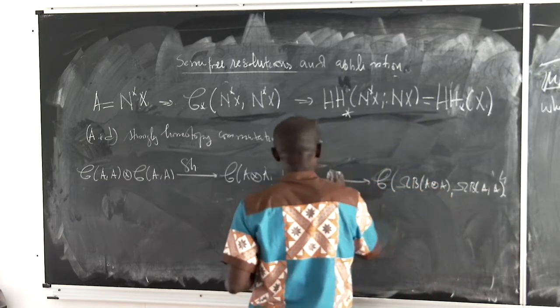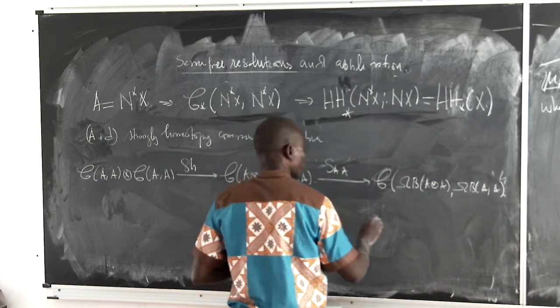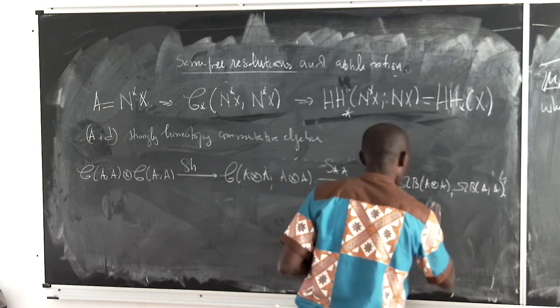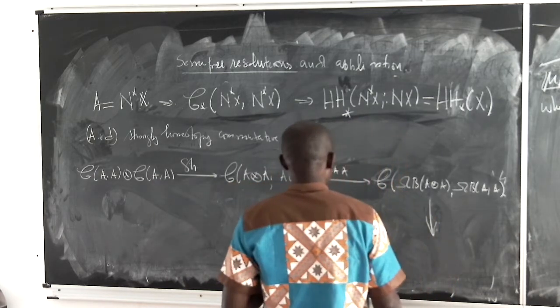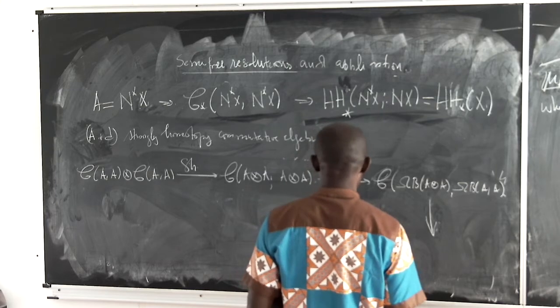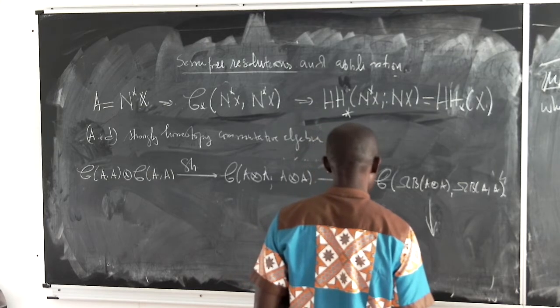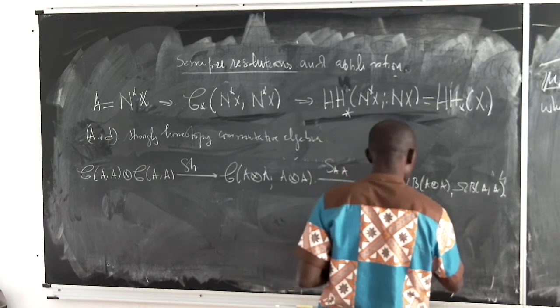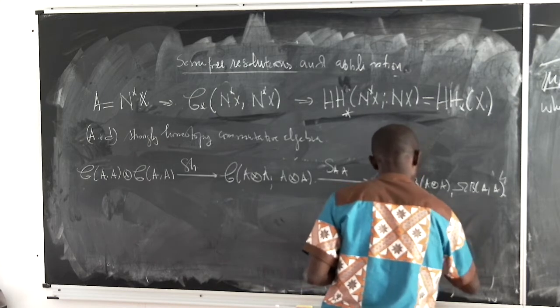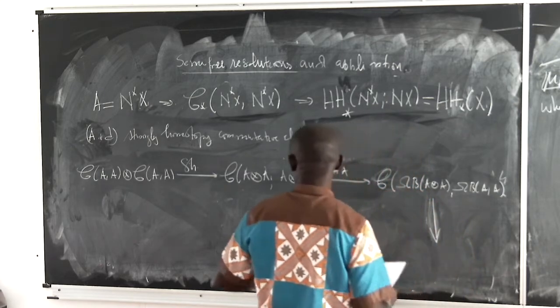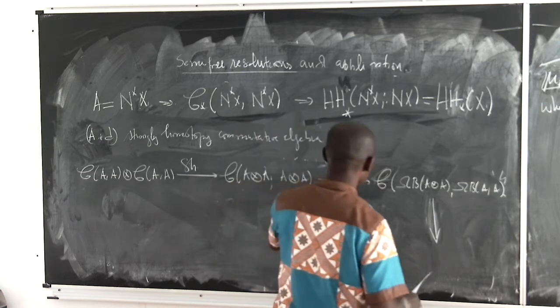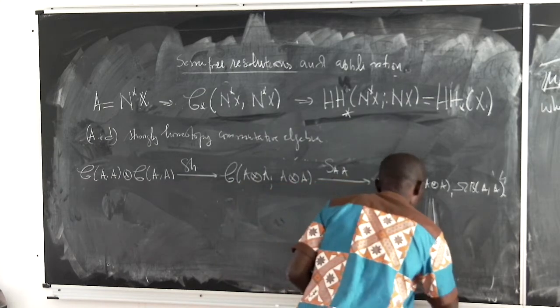And this is SAA, and then we have the last one. This is the shuffle map. This is the SEA. This is the CAA.